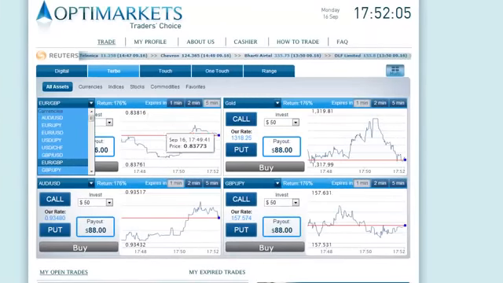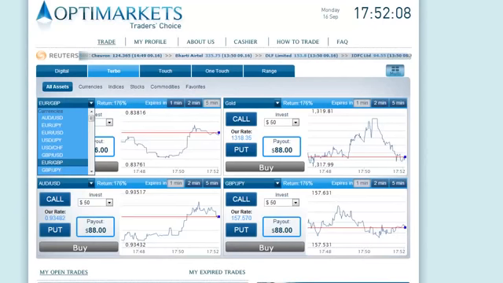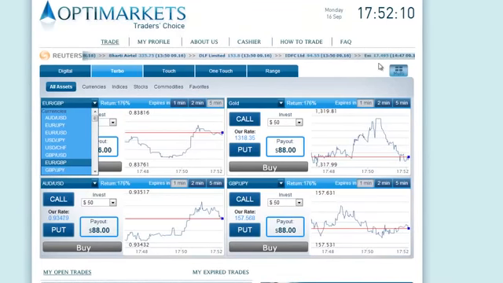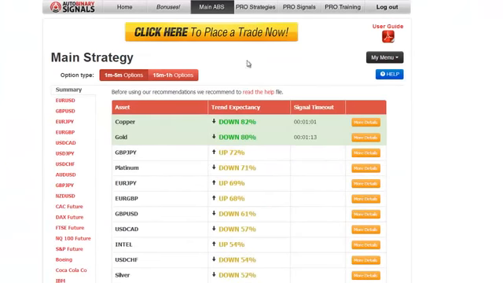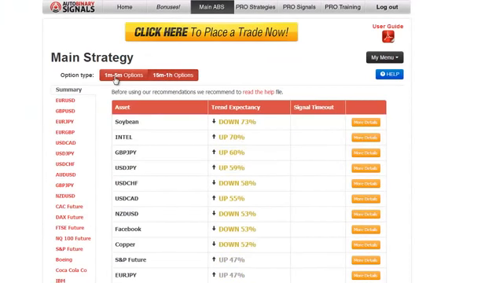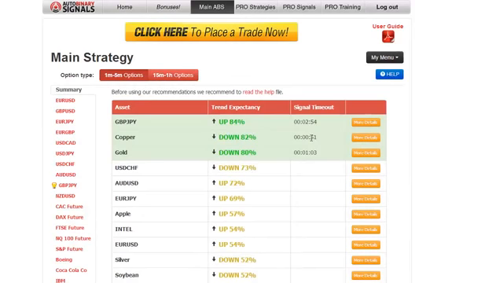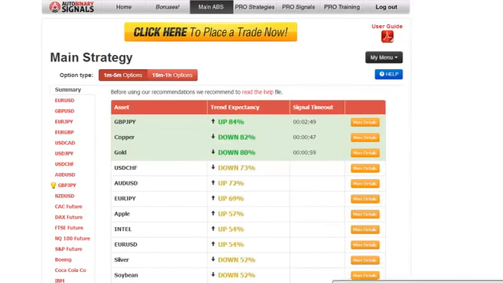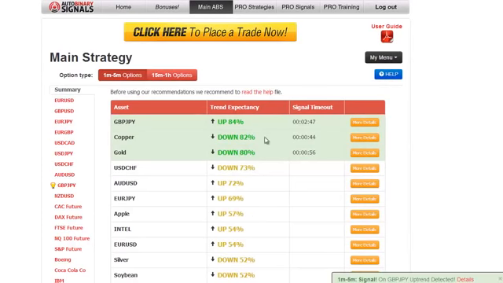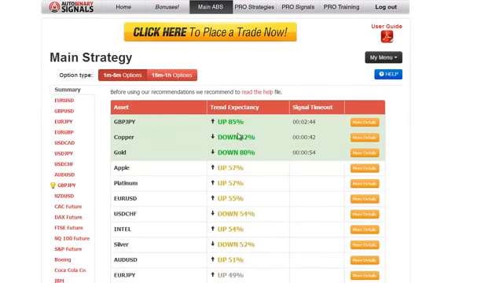So again, I recommend you to go with different brokers, and always to find which assets you want to trade. You don't have to trade all the assets that have a signal. I actually don't recommend it. I think it'll be a bad strategy to trade all the assets, but every day watching this, you'll learn which assets are better for you to trade.